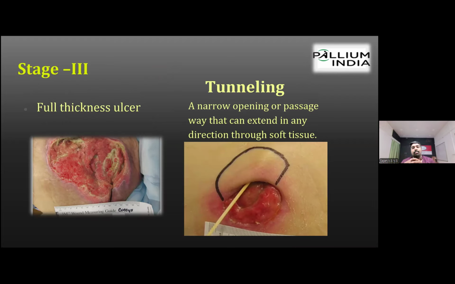Plus tunneling type of wound we also consider in stage 3. Tunneling means the diameter may be very small, a small wound, but in one or various clockwise directions some extension is there. So it's a tunneling. This tunneling type of wound we also consider as stage 3.